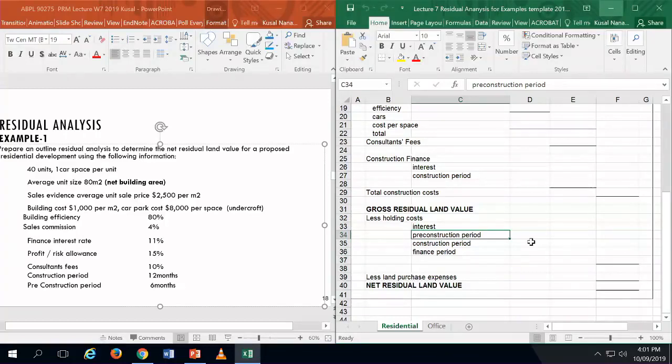You need profit. That's the profit margin. So this is the profit, and the risk is the developer's risk. He's taking a risk. Return on risk. Different wording. All right, let's do it.